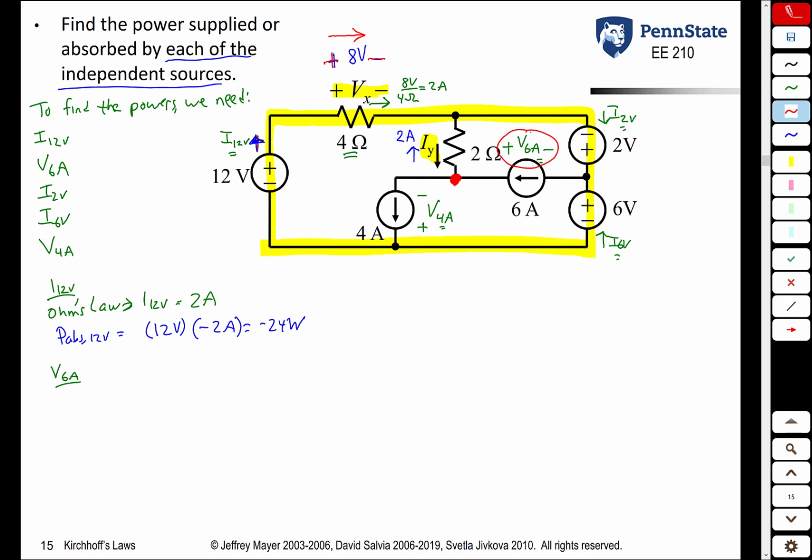The problem is we don't have any loops where we know every voltage yet, unless we look at this 2 ohm resistor and think about Ohm's law. We know the current through that 2 ohm resistor is 2 amps going up.